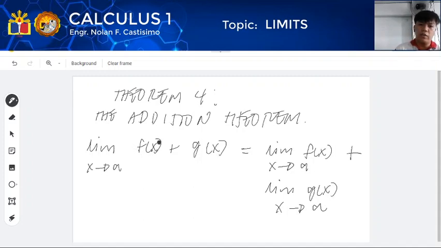So, ito, para di tayo malito, lalagyan natin ng brace or bracket. Ayan, kung mapapansin nyo, the limit of f of x plus g of x.